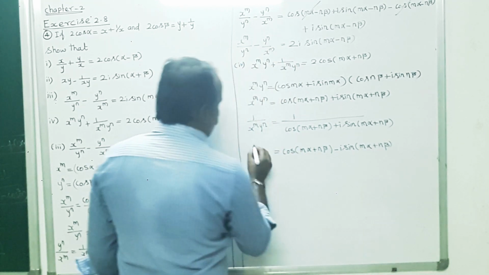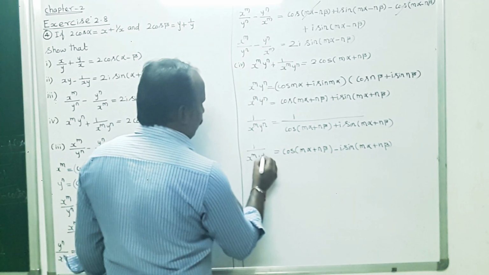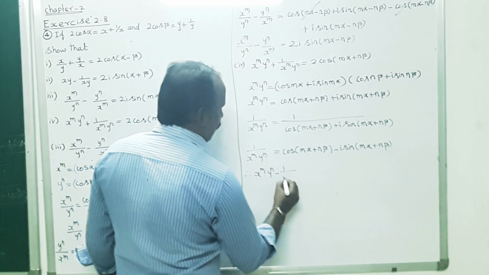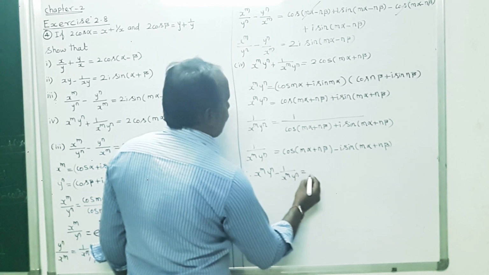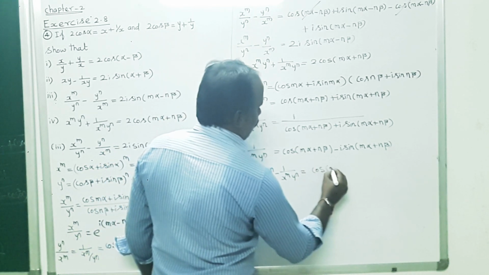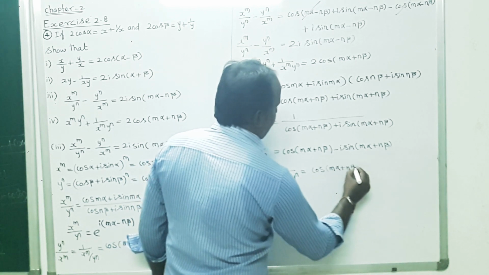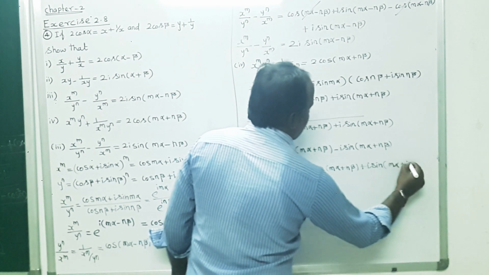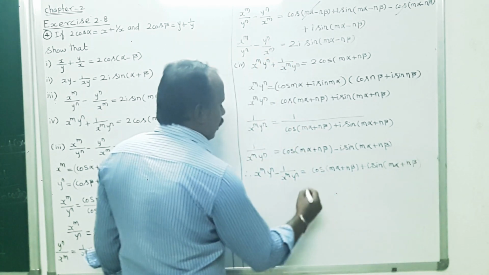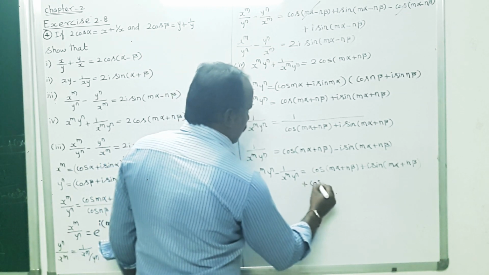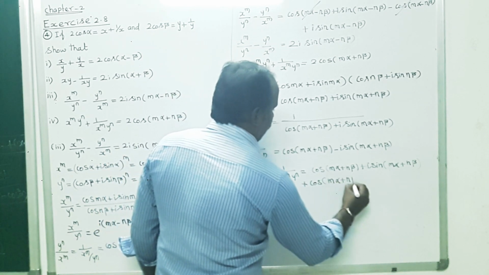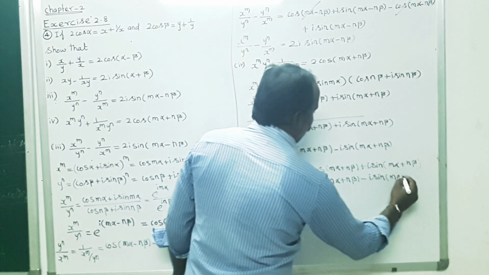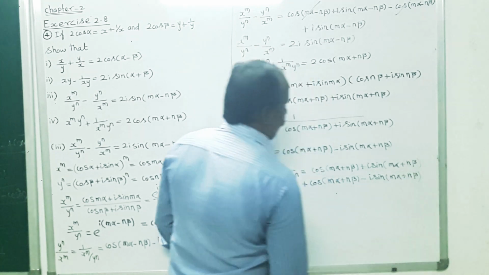So next, this one is 1 divided by x power m y power n. So therefore x power m y power n plus 1 by x power m y power n is equal to cos of m alpha plus n beta plus i sin of m alpha plus n beta, next plus cos of m alpha plus n beta minus i sin of m alpha plus n beta.